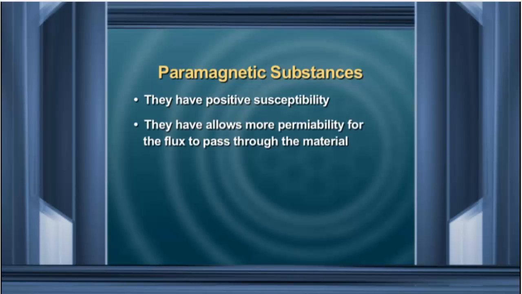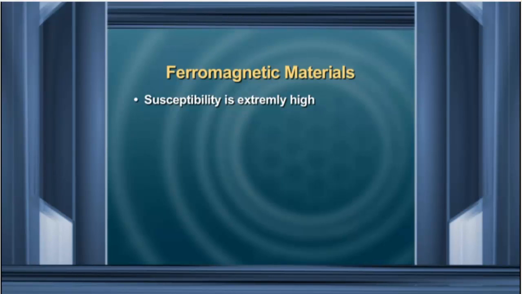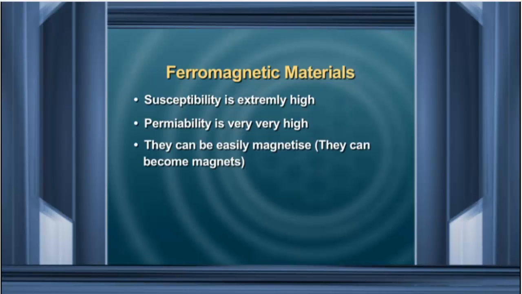They have more permeability for the flux to pass through the material. They can easily be converted into magnets and form a basis for using them in useful ways. Ferromagnetic materials have extremely high susceptibility and very, very high permeability, and they can easily be magnetized and become magnets.